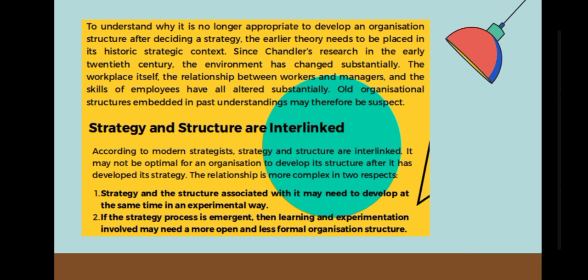One, strategy and the structure associated with it may need to develop at the same time in an experimental way. Two, if the strategy process is emergent, then the learning and experimentation involved may need a more open and less formal organization structure.